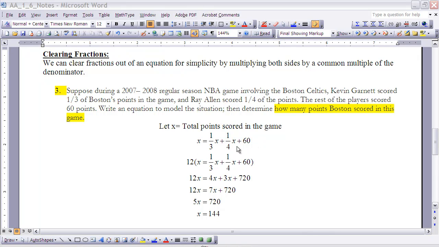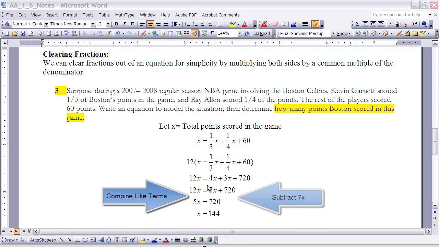Well, sometimes it's just not fun to deal with those fractions, so we're going to get rid of those fractions. If I look at 3 and 4, they have a common multiple of 12, so I'm going to multiply through the whole equation, both sides, by 12. If I do that, I get 12x is equal to 4x plus 3x plus 720. Okay, so now I'm going to do the solving by combining like terms first.